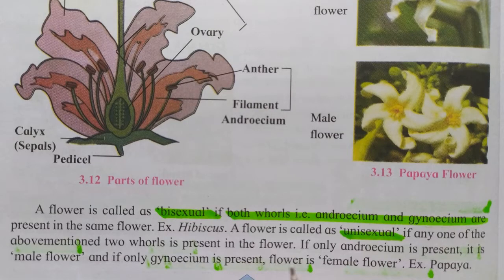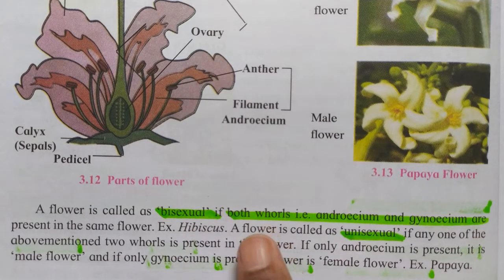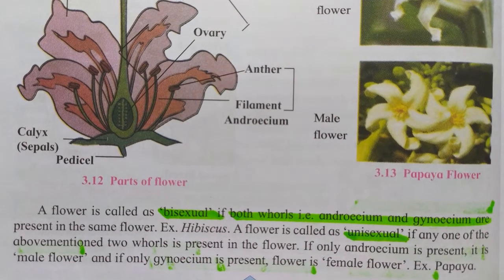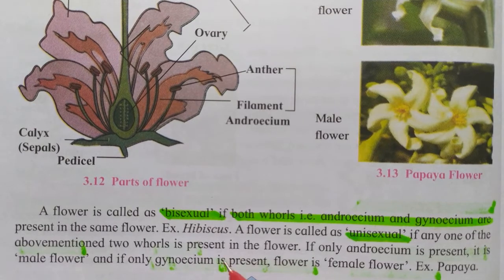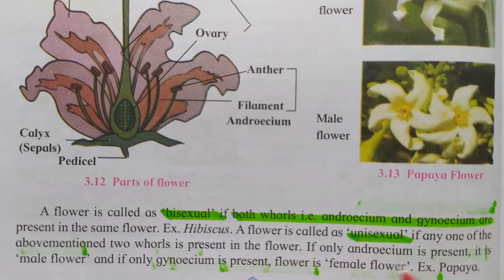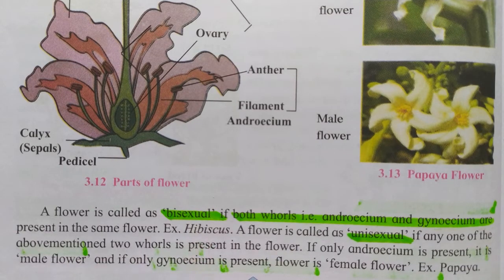A flower is called a bisexual flower if both essential whorls, androecium and gynoecium, are present in the same flower. Example which is given to you is hibiscus. A flower is called a unisexual flower if only one of the two whorls, androecium or gynoecium, is present in the flower.